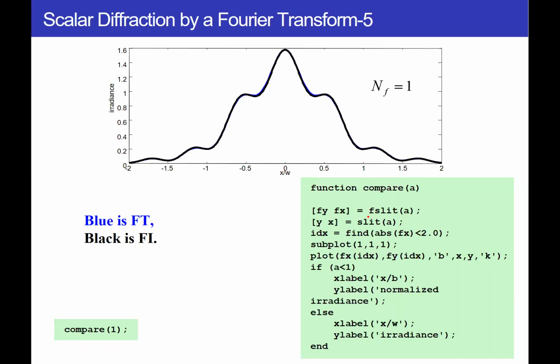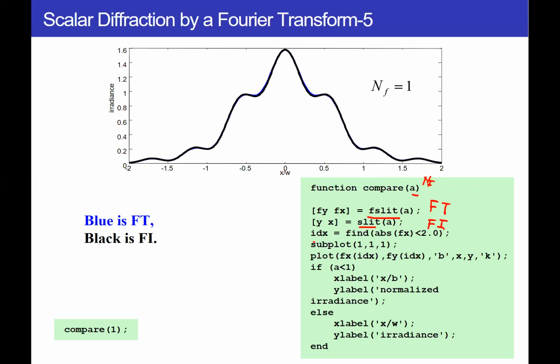So we have f-slit and slit. We define the f-slit for the given NF, where A is NF. For the given NF, we have an array over Fy, Fx, which is the field that is calculated by the Fourier transform. And then slit is calculated by the Fresnel integral.